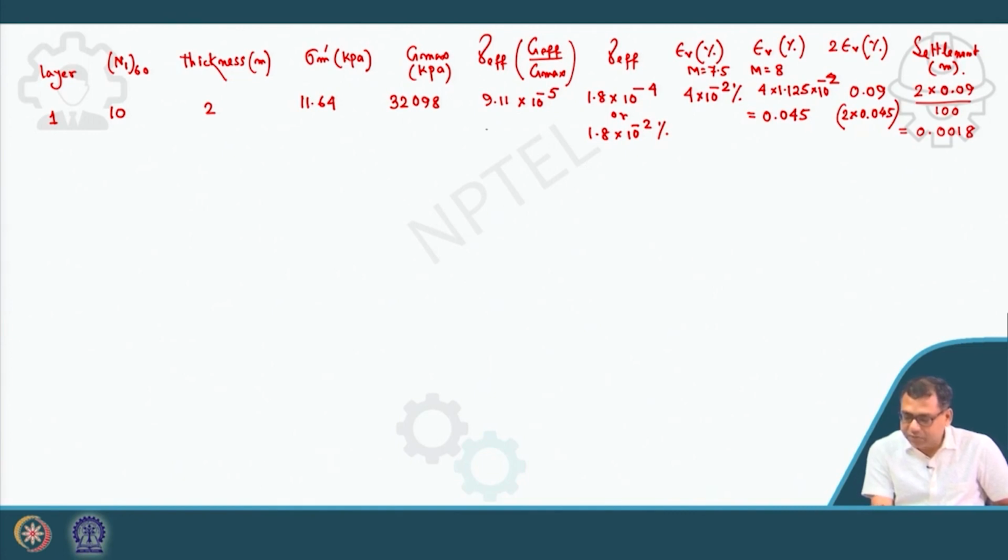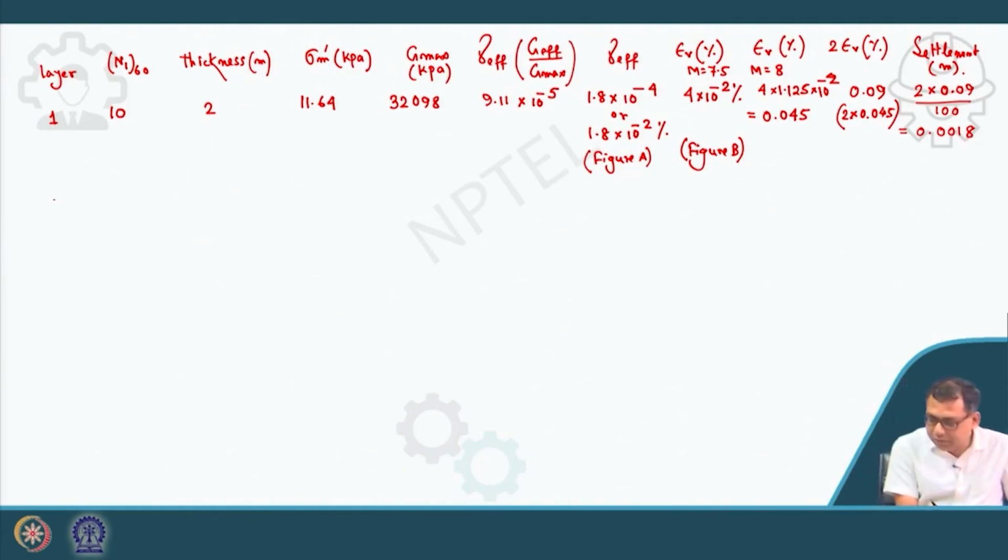That calculation I have shown here, I will get from figure A, and this one I will get from figure B. Then you convert it, the multiplying factor I will apply, the magnitude correction factor, then I will multiply it by 2, then I will multiply the thickness, and then divide by 100, I will get the settlement for unit area. Remember that. Now, I will do the other layers quickly.